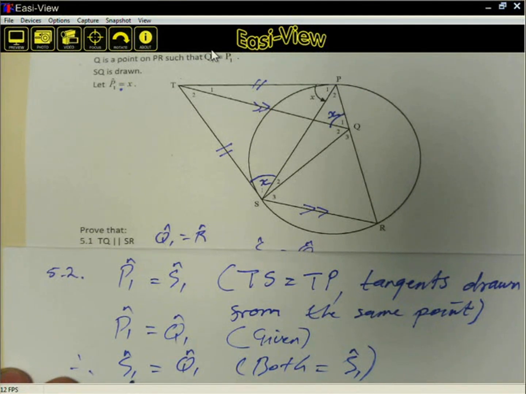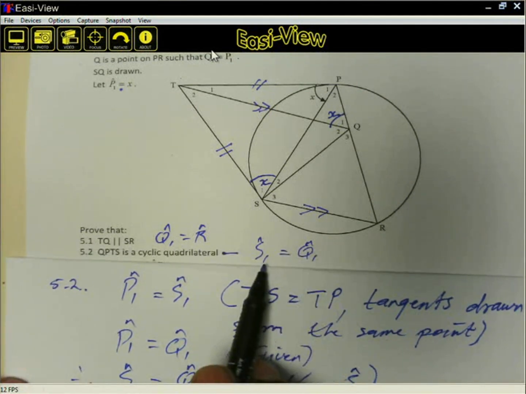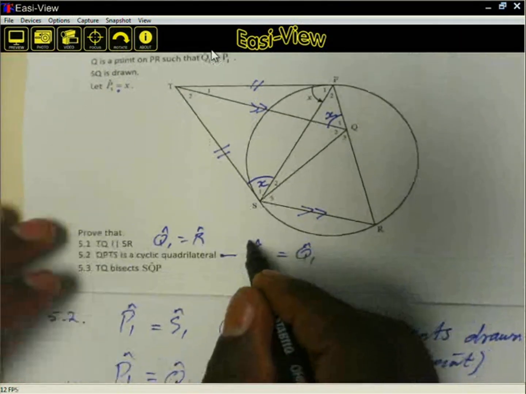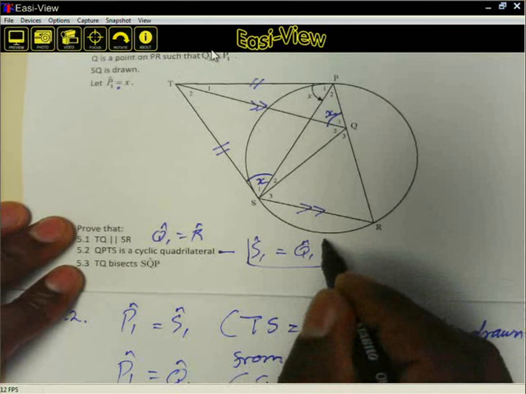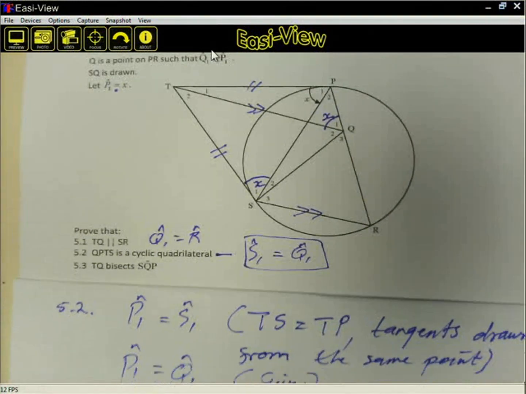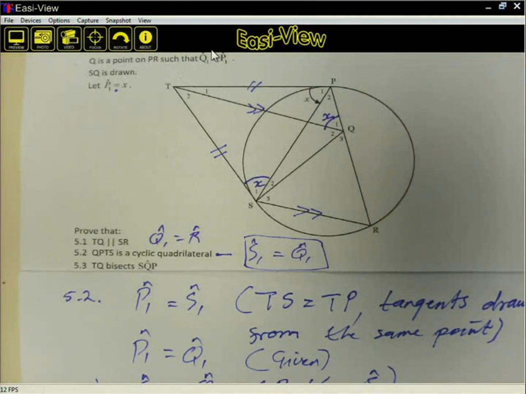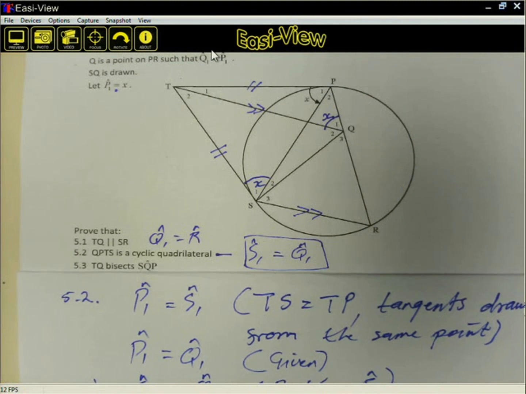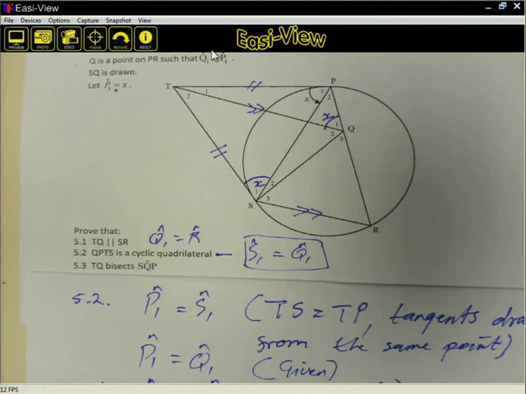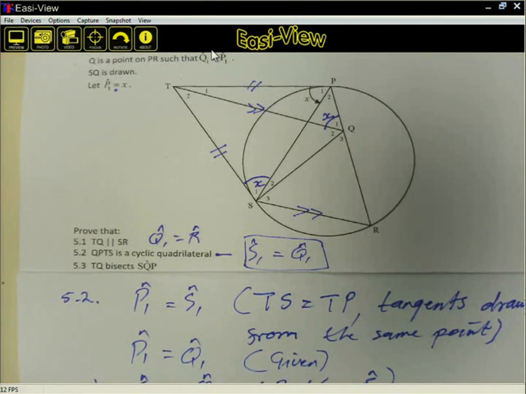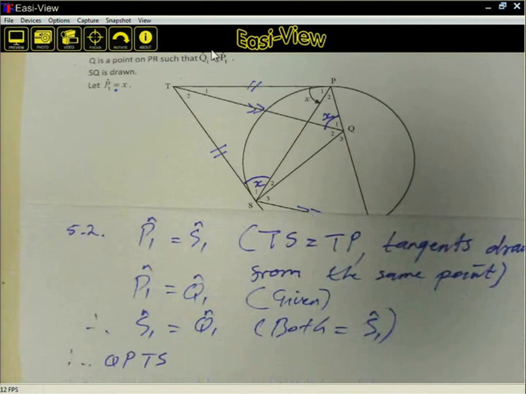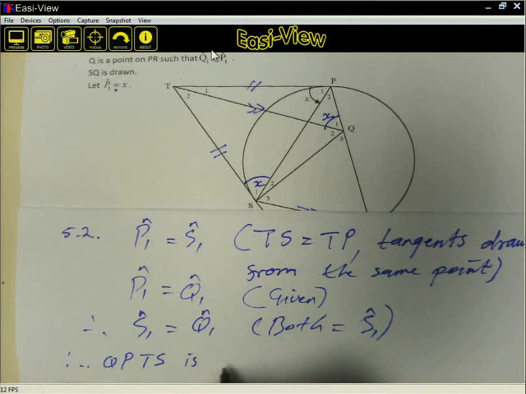Now, S1 is equal to Q1. Remember, that was our target, our destination. This is where we wanted to come in order to prove that QPTS is a cyclic quad. Therefore, we have arrived at that stage to say S1 is equal to Q1. Now you draw a conclusion. Therefore QPTS is a cyclic quad.